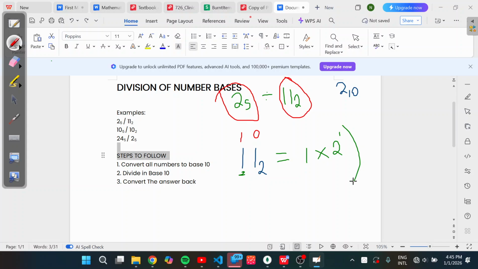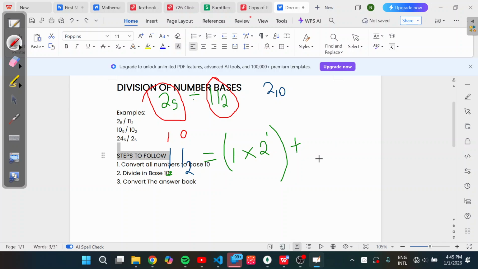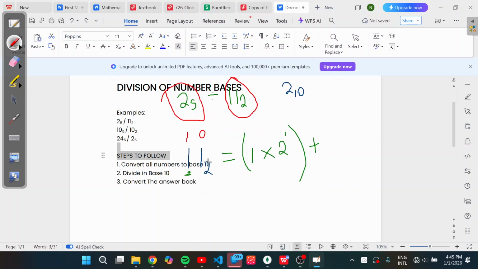So this is our first one, plus the second one over here. I'm going to have 1 times 2 to the power of 0.